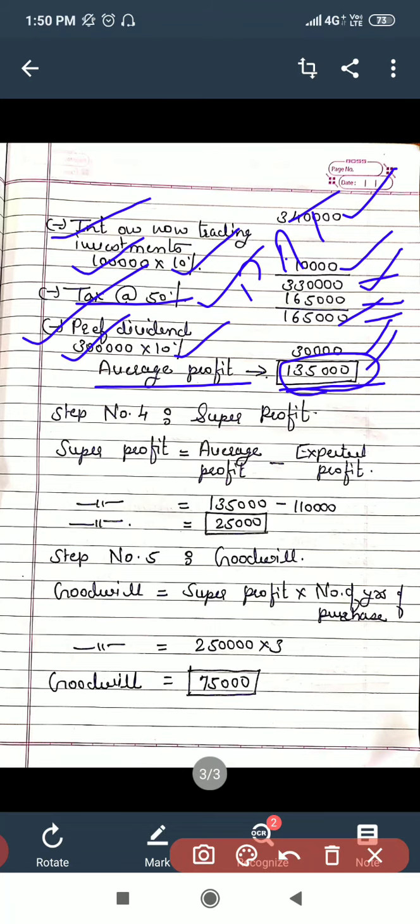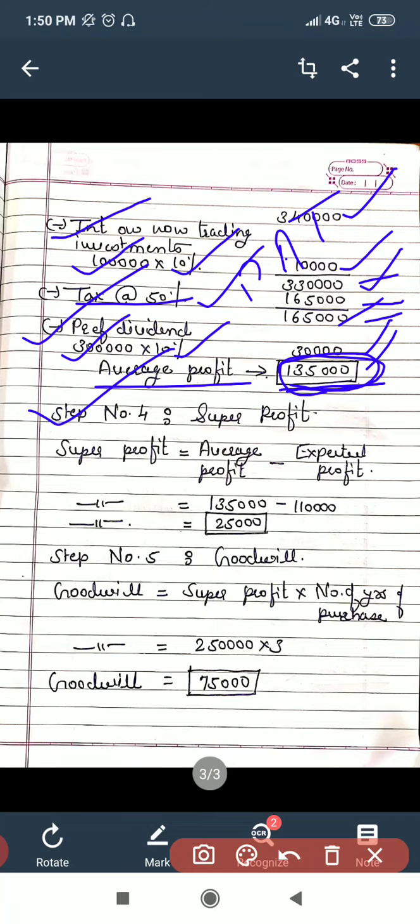Remember one thing, the instructions related to non-trading investments, tax liabilities and preference dividends are implied adjustments. There won't be any clarification for them, and students have to understand this and give the necessary impact. So, we have derived the average profit as 1,35,000, and that is how we complete step number 3.